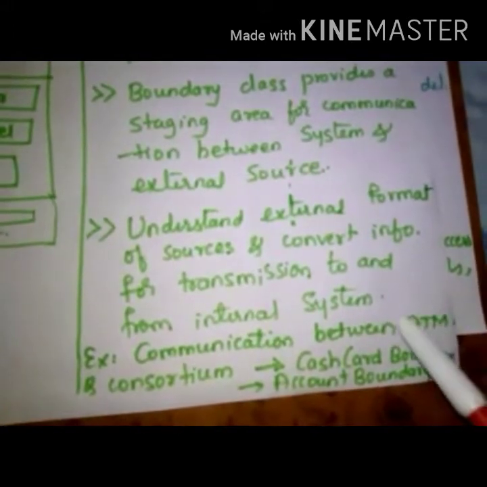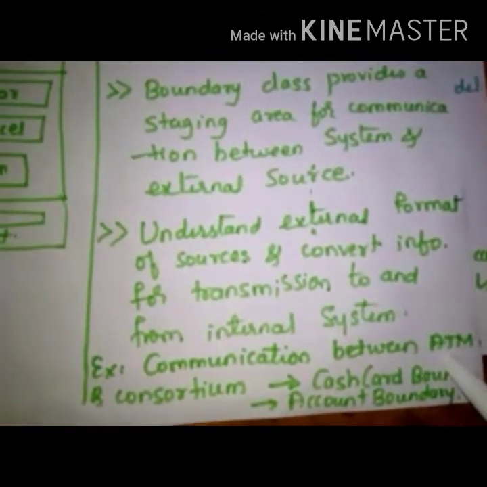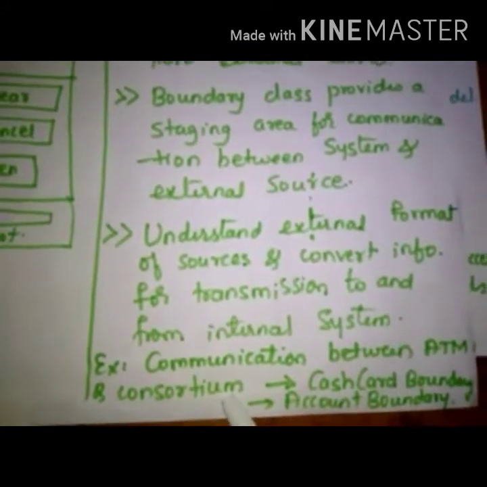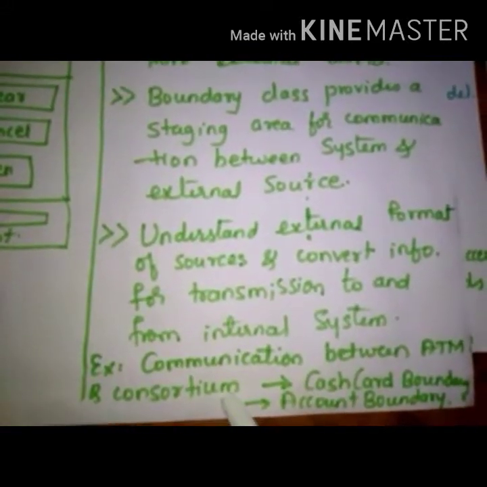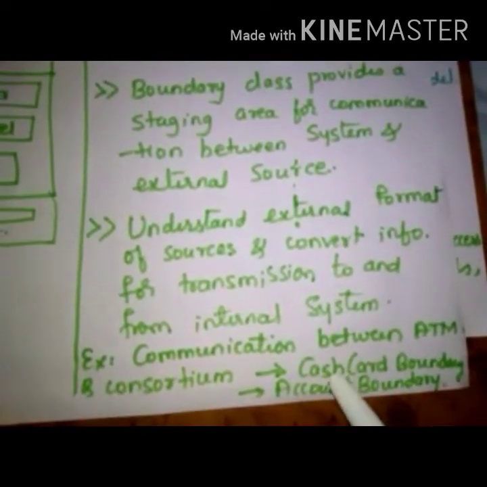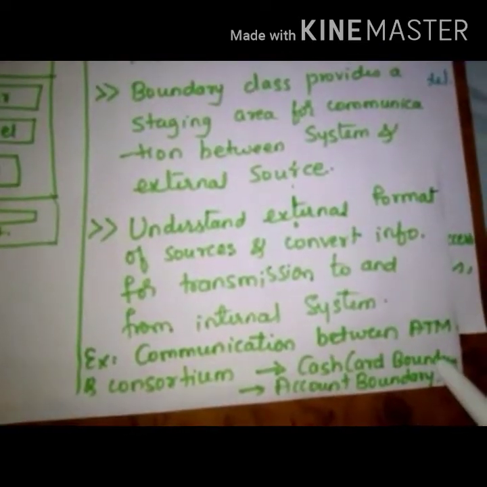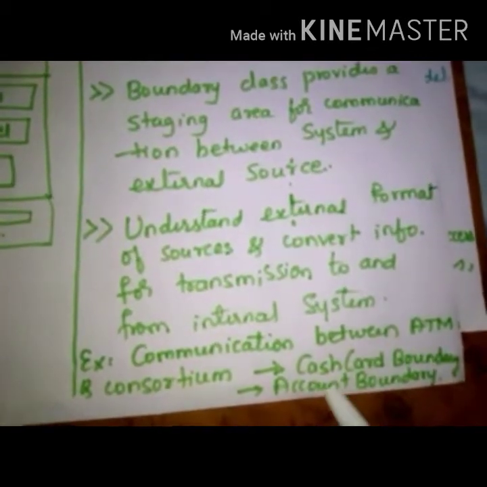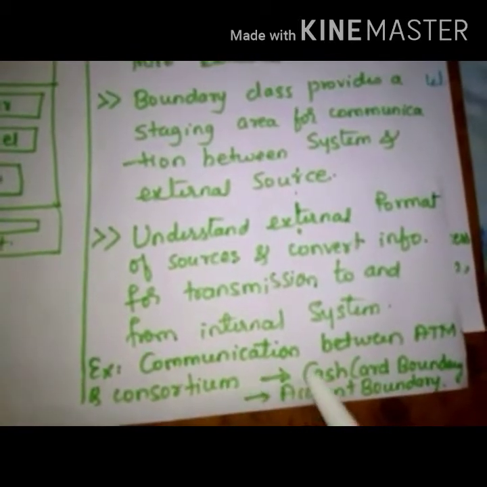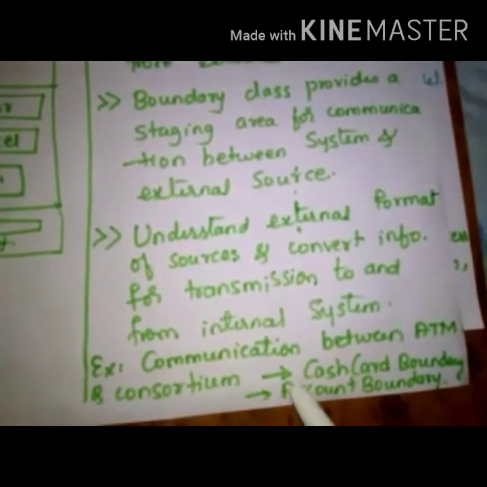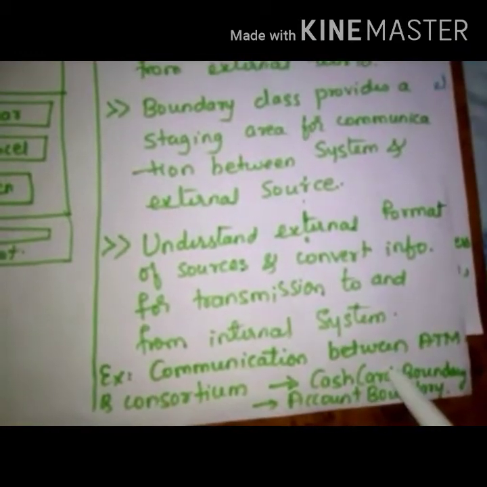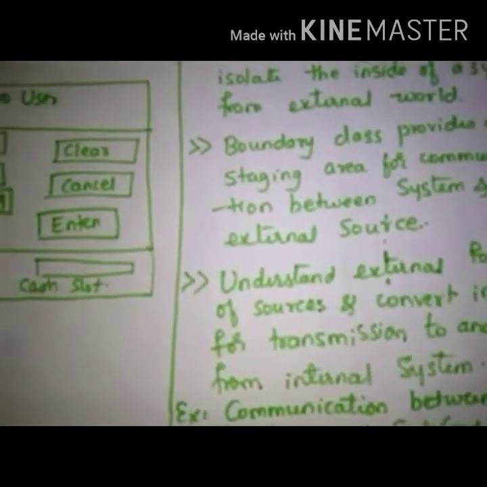So whenever a person uses the ATM, the request will be sent to the consortium to cross verify the user's validation. So the first boundary that it has to cross is the cash card boundary. Once it is done, next is the account boundary, wherein the consortium will talk to the bank regarding the authentication of the account to which this particular card belongs.